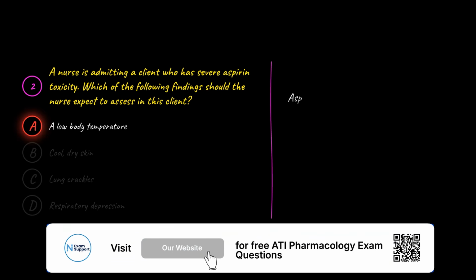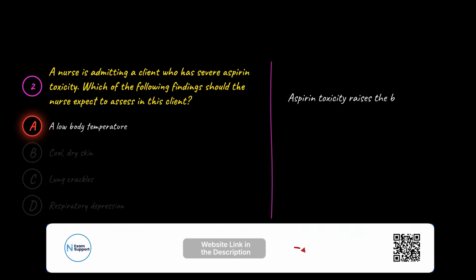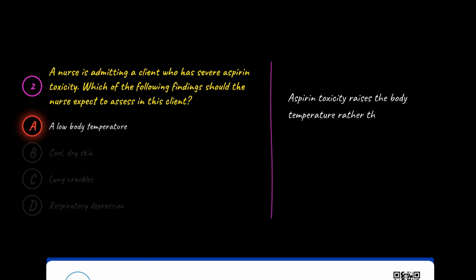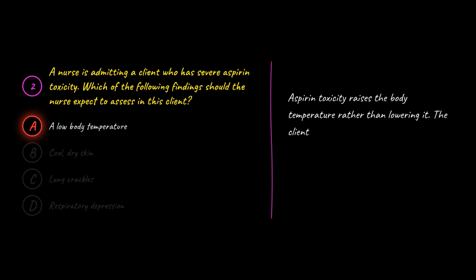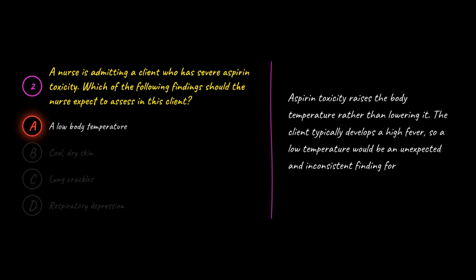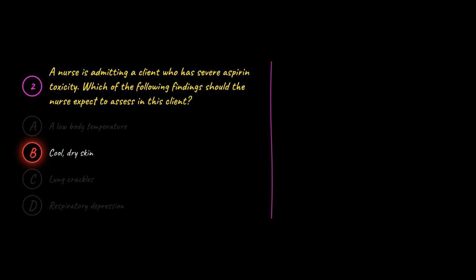A is wrong because aspirin toxicity raises the body temperature rather than lowering it. The client typically develops a high fever, so a low temperature would be an unexpected and inconsistent finding for the nurse to assess during this emergency. B is wrong because heavy sweating accompanies aspirin toxicity, which leaves the skin moist rather than cool and dry.